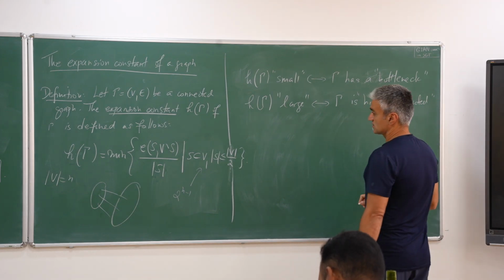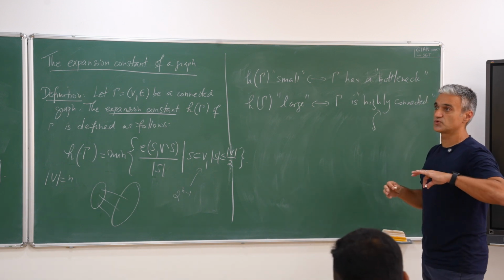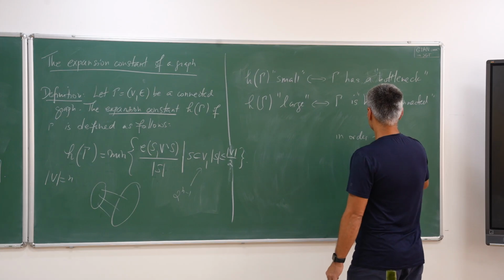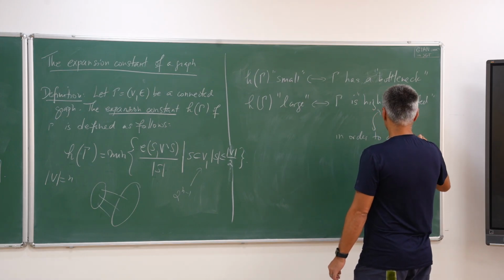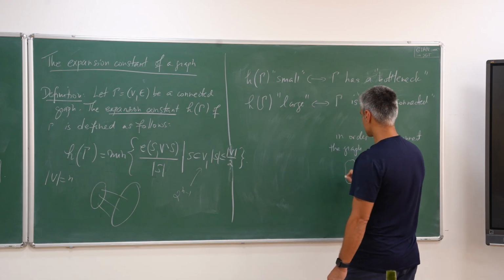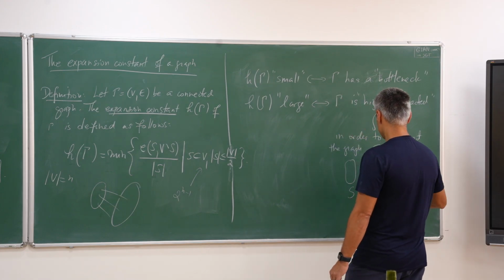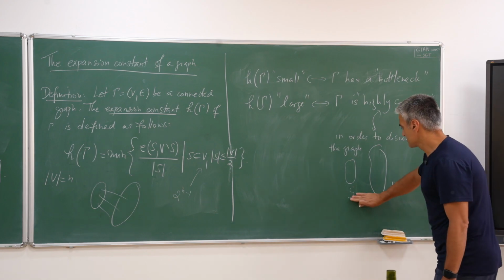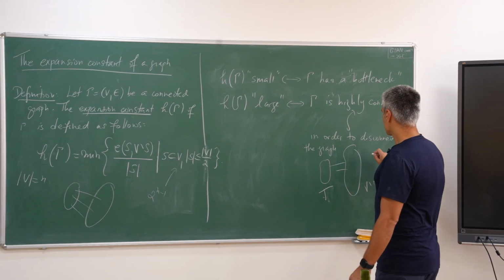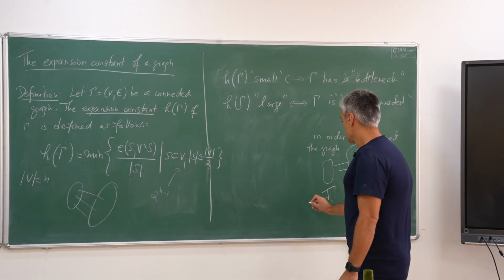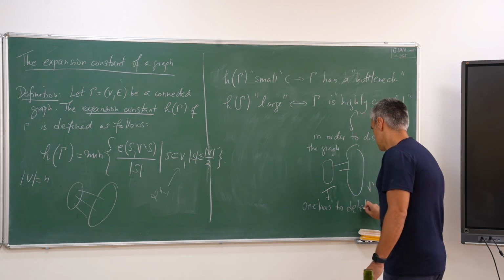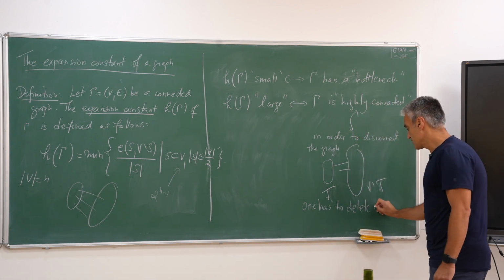What I mean by it: in order to disconnect the graph into some parts, let's say T and V minus T, one has to delete many edges.